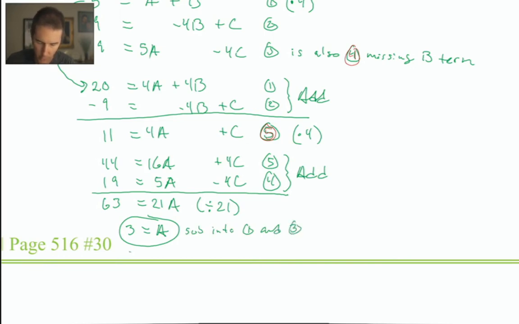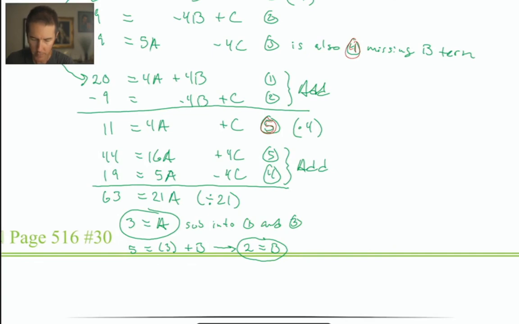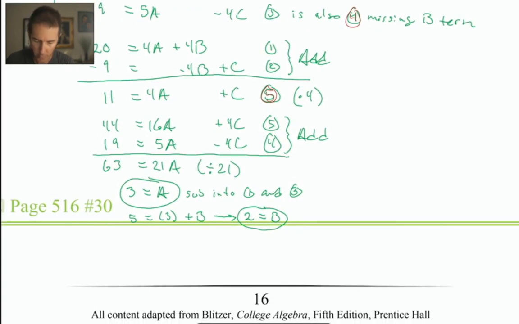All right, going into equation 1 gives us 5 equaling our new a value of 3 plus b, and I'm just going to draw a little arrow. Subtracting 3 from both sides tells us that 2 is equal to b, and I'll circle that so it doesn't get lost.